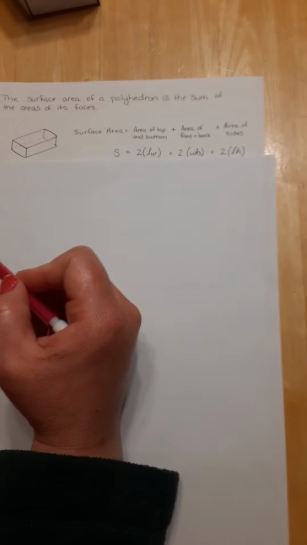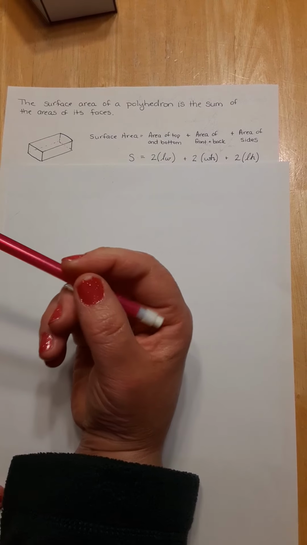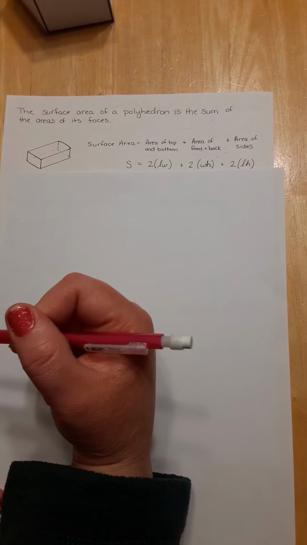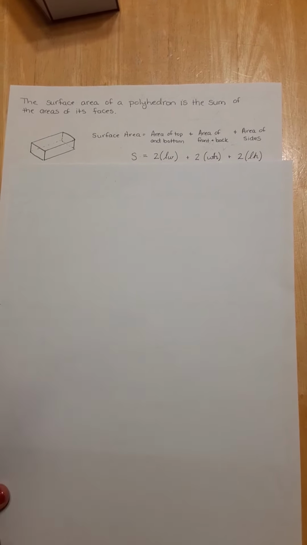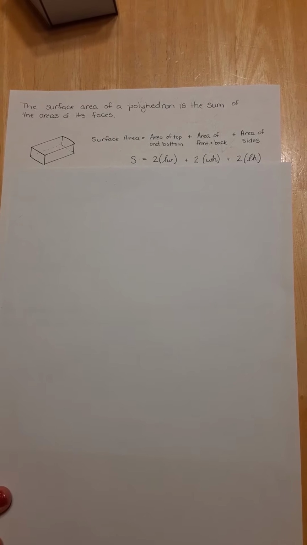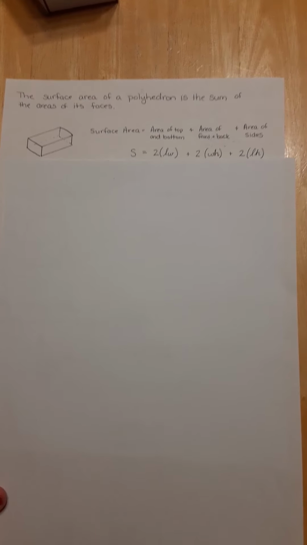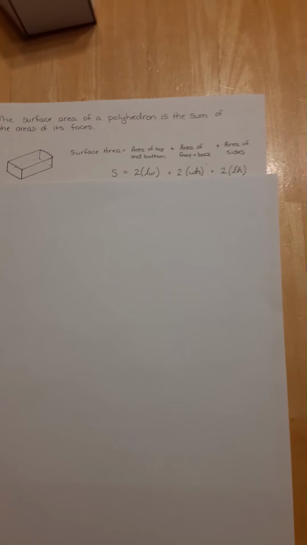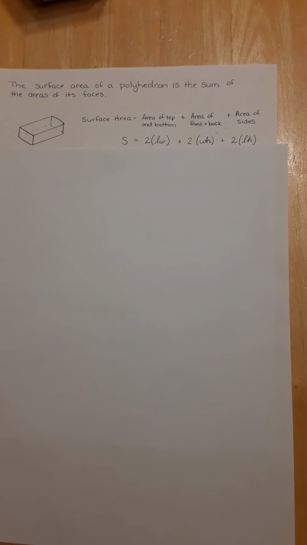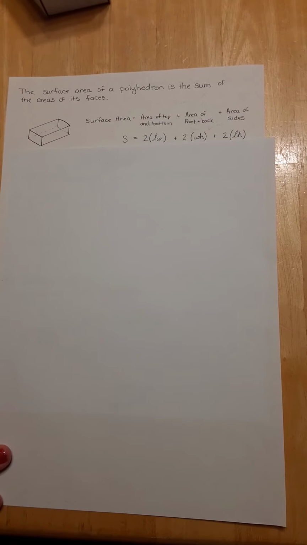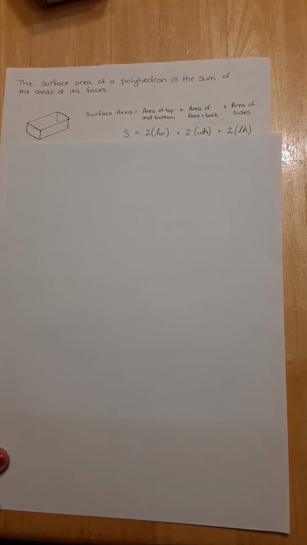Now, when I find the surface area, think of Christmas time when you're wrapping a box or something. You need to cover all those flat surfaces. You don't want to accidentally forget to cover one face or they'll know what you're giving them for a gift. So for surface area, we've got to make sure we cover every face of this.